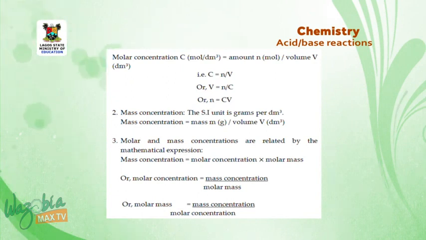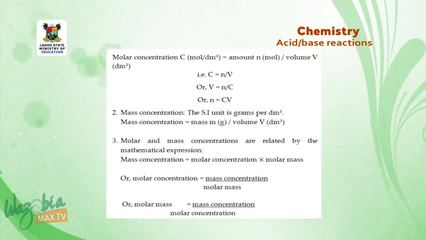Number two is mass concentration. The SI unit is grams per dm³, and it is expressed as mass M in grams divided by volume V in dm³. And number three, we have molar and mass concentrations related by the mathematical expression: mass concentration is equal to molar concentration times molar mass, or making molar concentration the subject of the formula, it becomes mass concentration over molar mass.